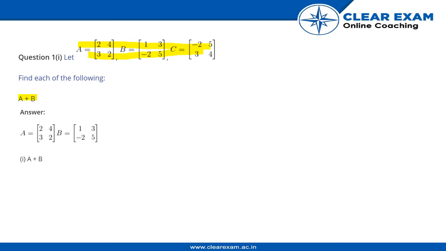I mean, if we have to add A plus B, then we can only add aij plus bij, and the values of i comma j should be the same for both. If i and j are not the same for both, then we cannot add the two matrices.